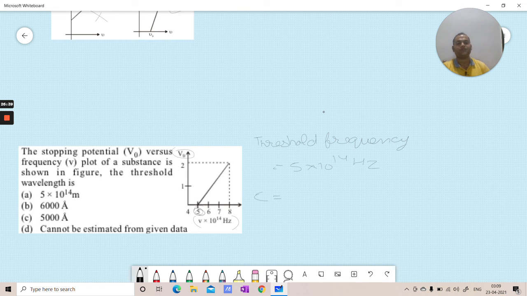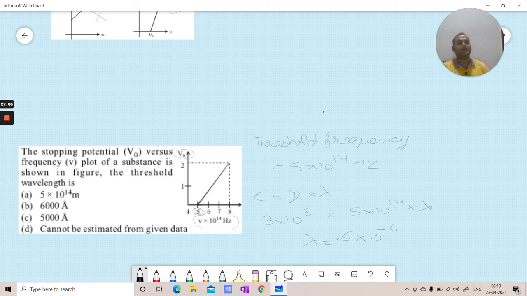C is equal to nu into lambda. C is 3 into 10 raised to the power 8, this is 5 into 10 raised to the power 14, and this is lambda. So we'll write lambda as 3 by 5, which is 0.6. First we'll write 0.6 into 10 raised to the power minus 6.